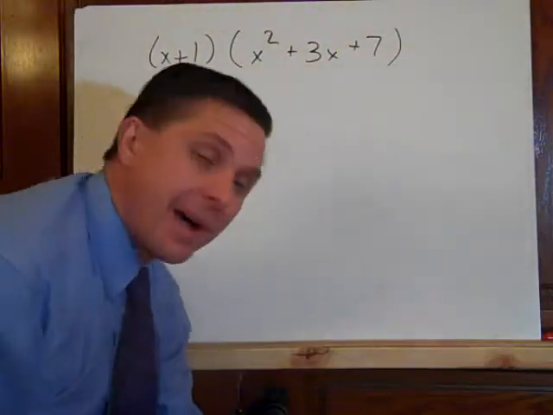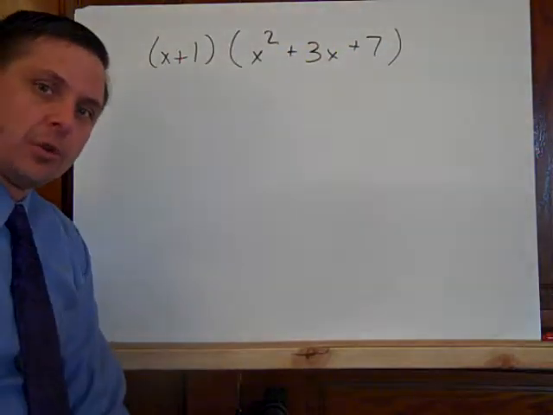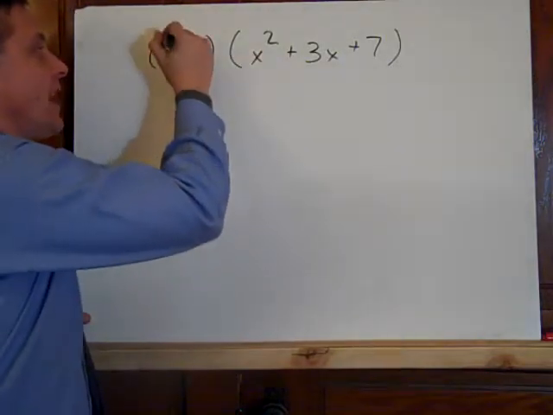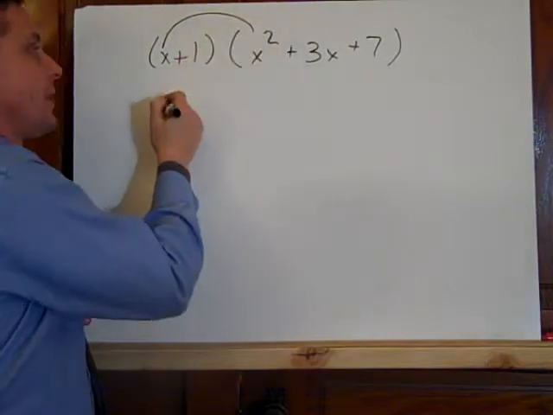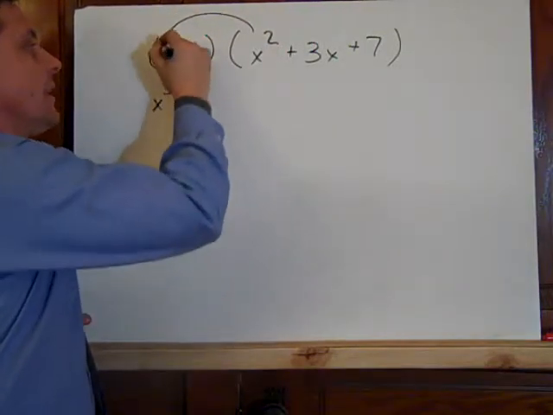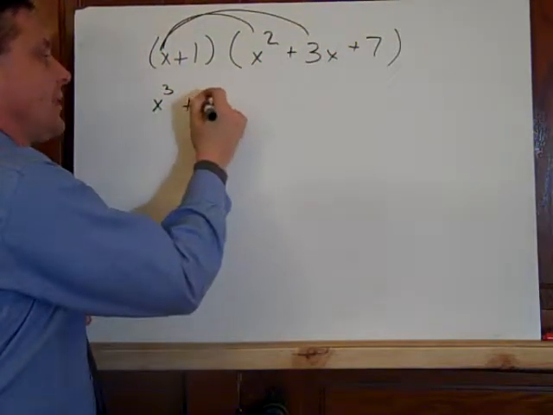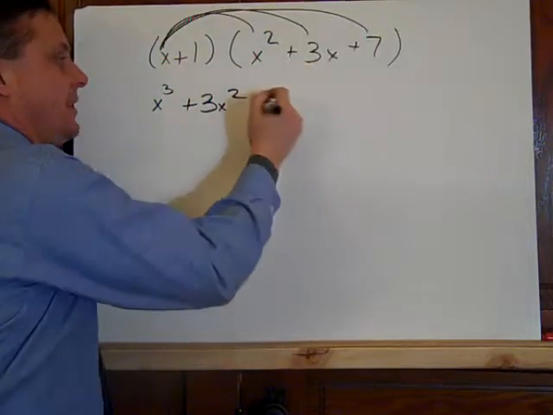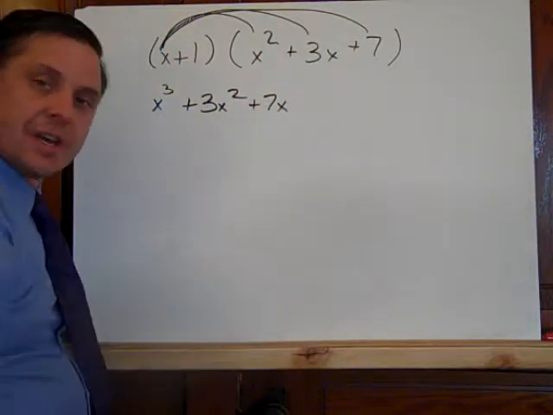So when I have a binomial times a trinomial, I'm going to go a little bit slower now. Everything in here has to multiply everything in here. And I will start with the x term. X times x squared is x cubed. X times 3x is 3x squared. X times 7 is 7x.